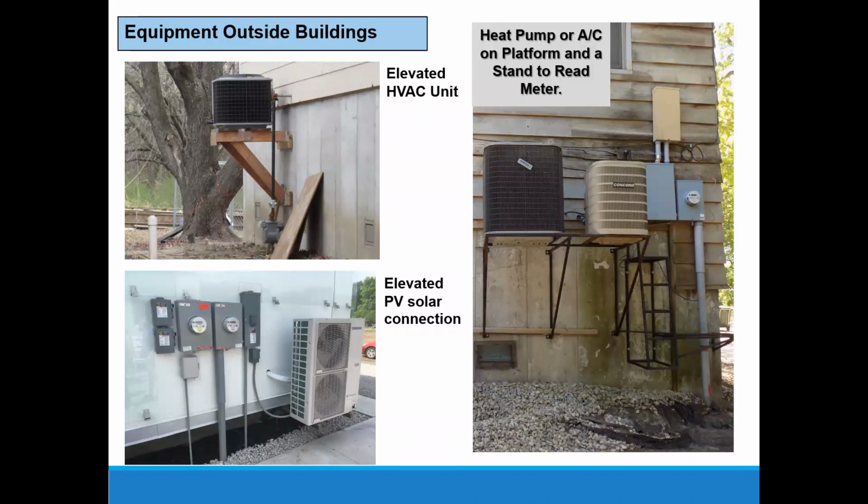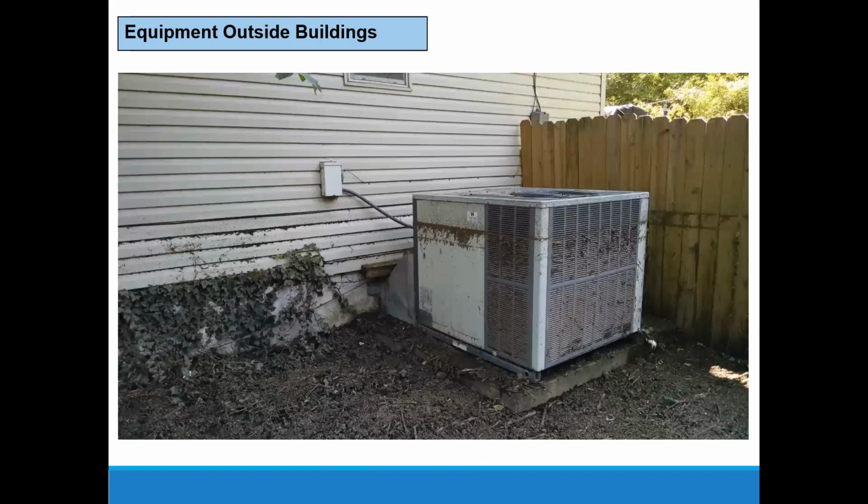elevated utilities here. They're on platforms, and this is typical to see now. People don't want to replace these utilities because they're expensive. This is what's preferred. You can see the high water line on this one where the AC unit was submerged, and that's typically going to be a complete loss of that unit.